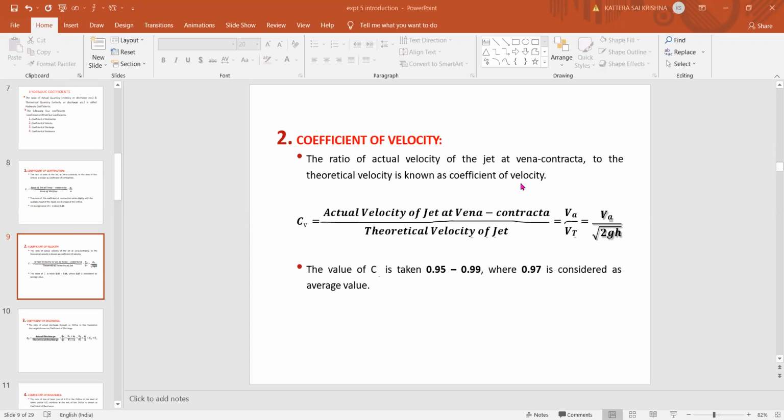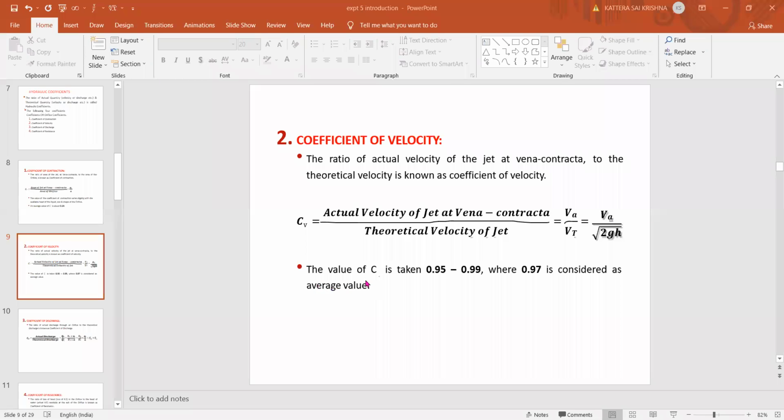To know the velocity, if we know the area of the vena contracta, we can find the velocity using the continuity equation, Q equals A into V. So CV is given by the formula Va by root of 2gH, where Va is the velocity at vena contracta.